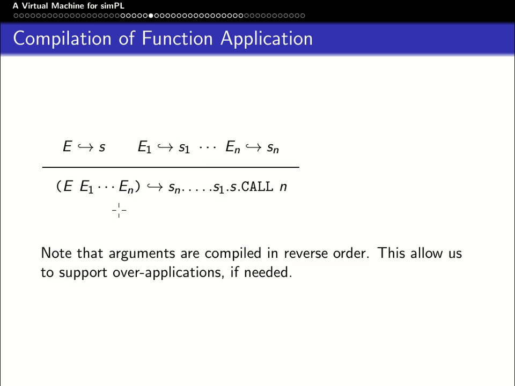All right? And then the instruction for executing the call is call, C-A-L-L, which you see there. And we need an argument to this instruction, right? At the level of the virtual machine, this instruction has an argument, which is the number of arguments to the function that were passed in.